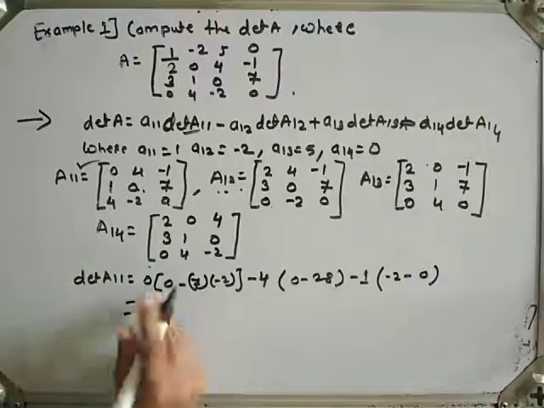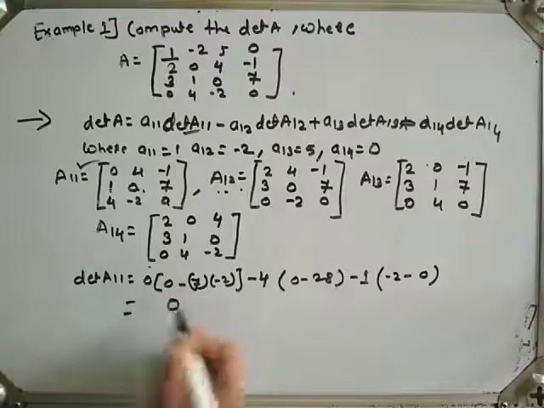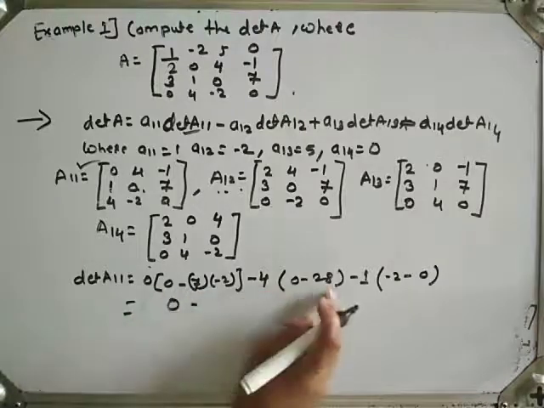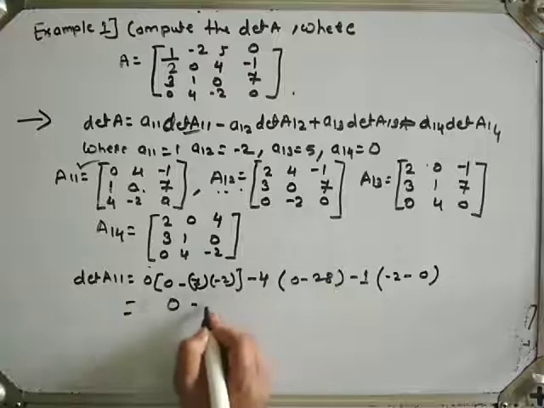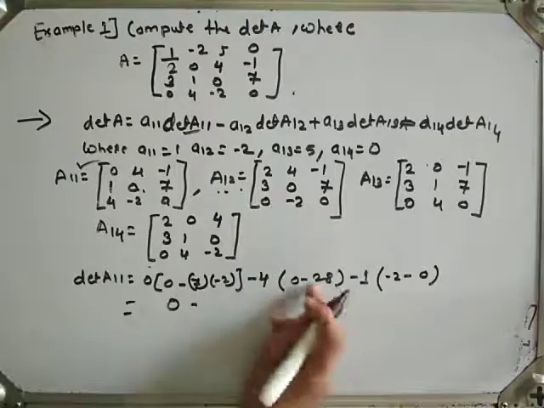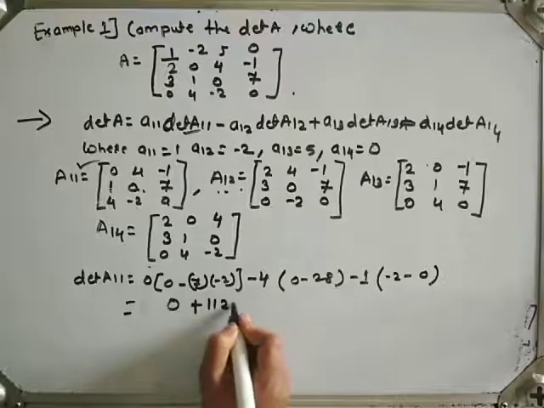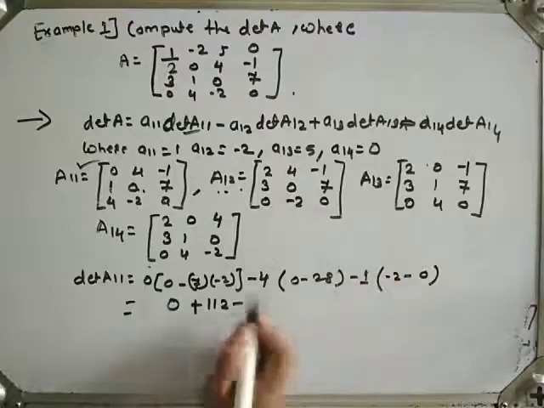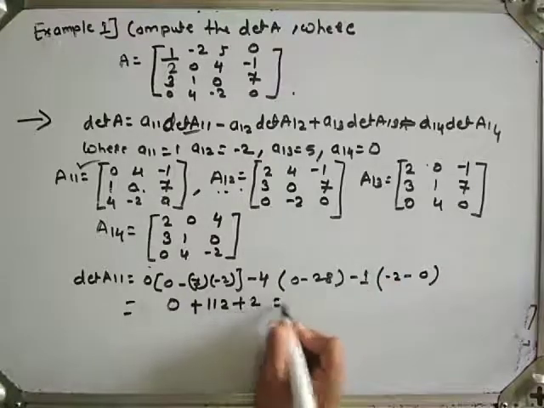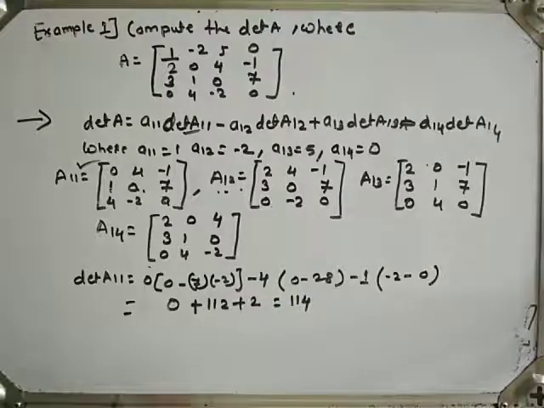Okay. 0 into something is 0; minus 4 into -28 is 112, this minus becomes plus. 112, minus 1 into -2 is plus 2, which is equal to 140.